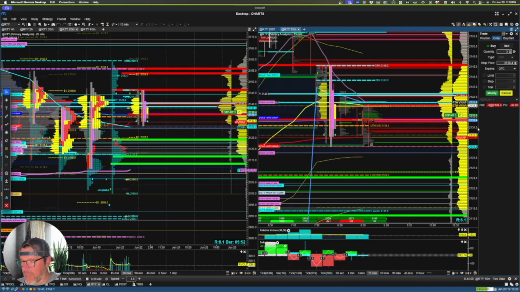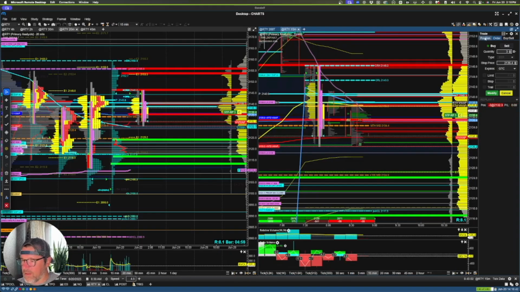And so far, I am seeing some more sellers. They're fighting around weekly VWAP. That's not unusual, but eventually they could tip the scales, and then we could rock and roll. So we'll see if they are in fact able to do that.